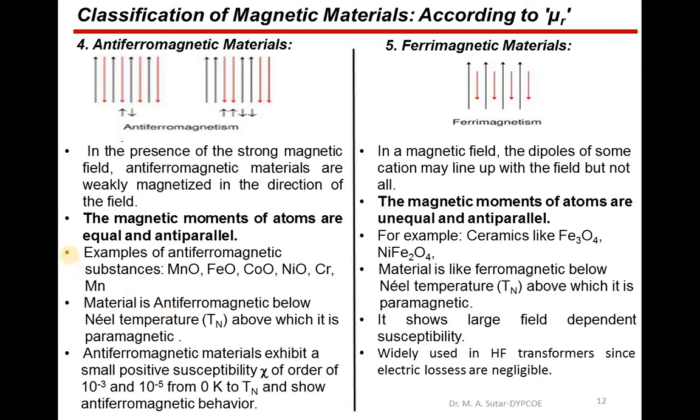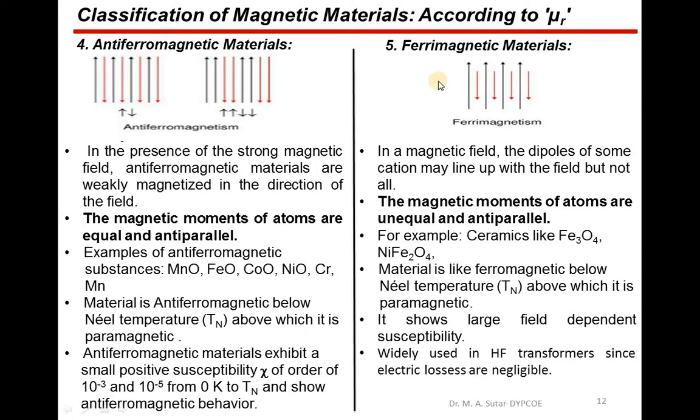The fourth type of material is anti-ferromagnetic material. Just observe this picture, where it is observed that the spins are parallel but in opposite direction. So this is known as anti-parallel spin with equal magnitude.